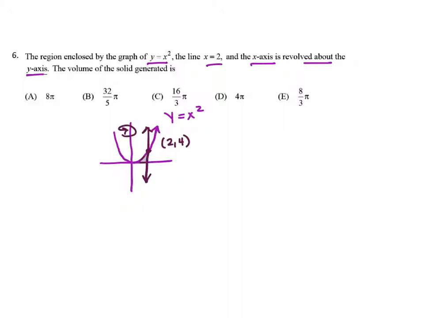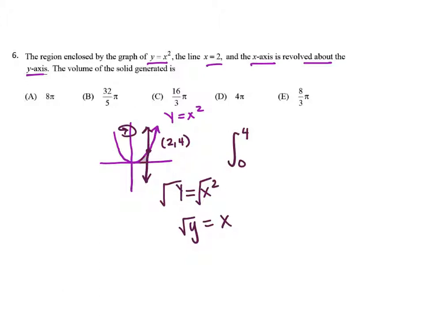So we have 2, 4. And also, since we're going with the y-axis, then we need to use our y coordinates. So 0 to 4. Also, if y equals x squared, and since we're going along the y-axis, we need everything in terms of y. So I'm going to take the square root. So the square root of y equals x. That's going to be one of our functions.